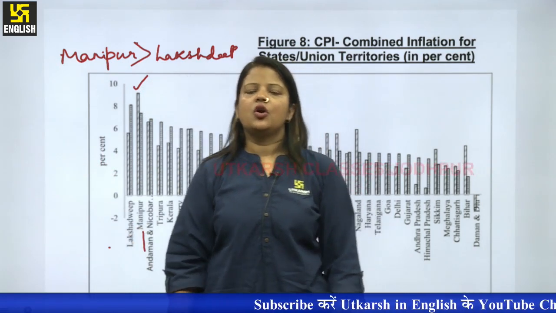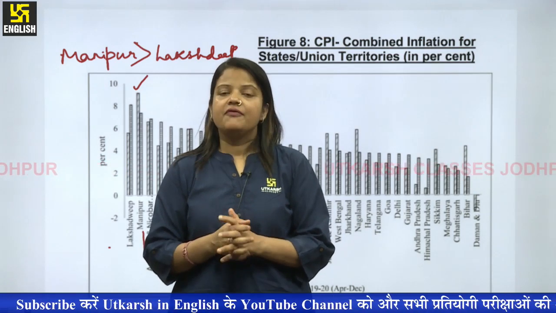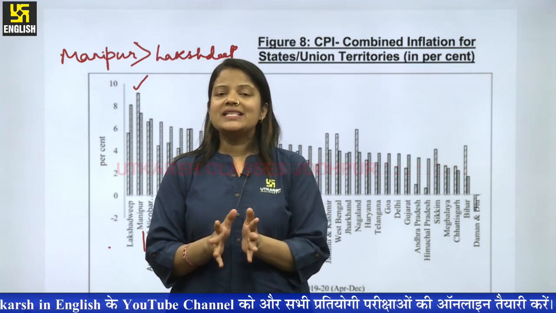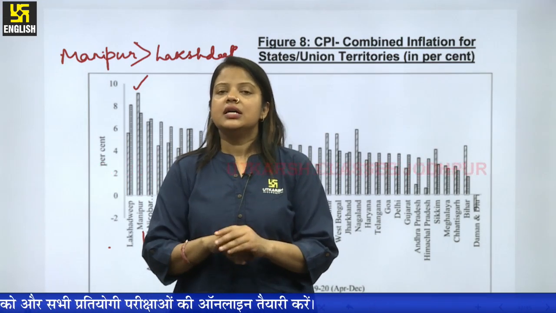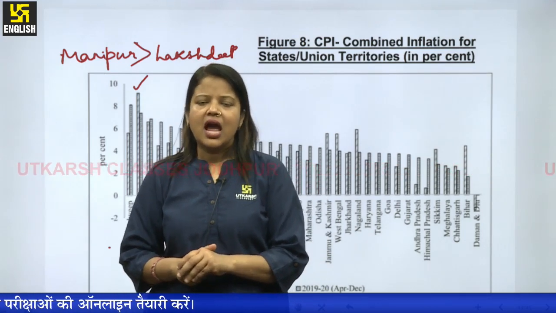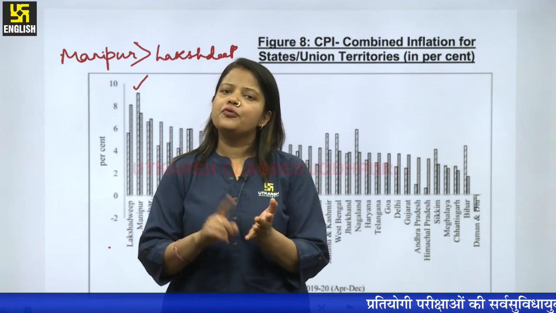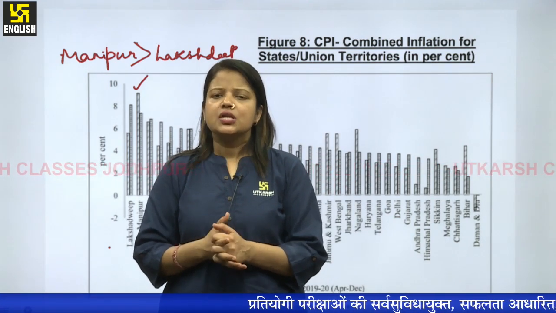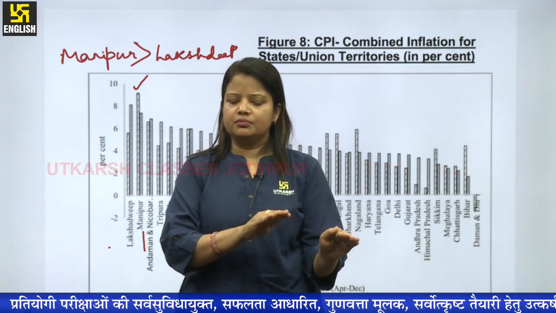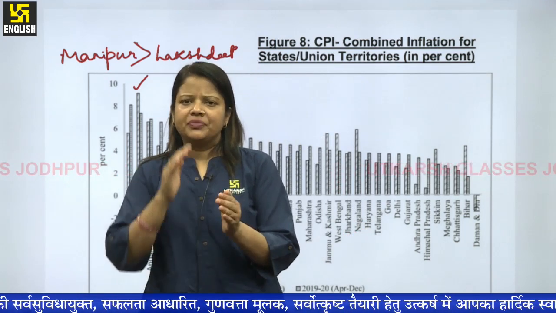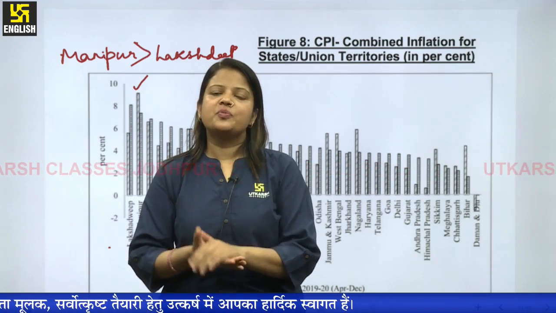Now, this was the topic of price and inflation and the current data of price and inflation. And what we saw is that the price inflation in the urban area is higher than the price inflation in the rural area. And what was the reason behind that? In the urban area, the price of vegetables, fruit and eggs increased. So there is a divergence between the rate of food items in rural area and urban area, and we measure all these changes in the prices by wholesale price index and consumer price index.